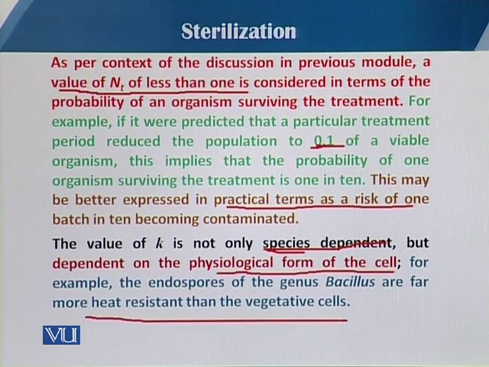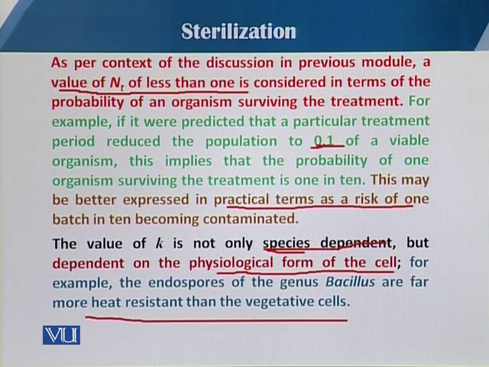So if there are vegetative cells in the fermentation medium, then there will be one kind of sterilization kinetics. But in the case of endospore forming cells, the nature of the sterilization kinetics is different.